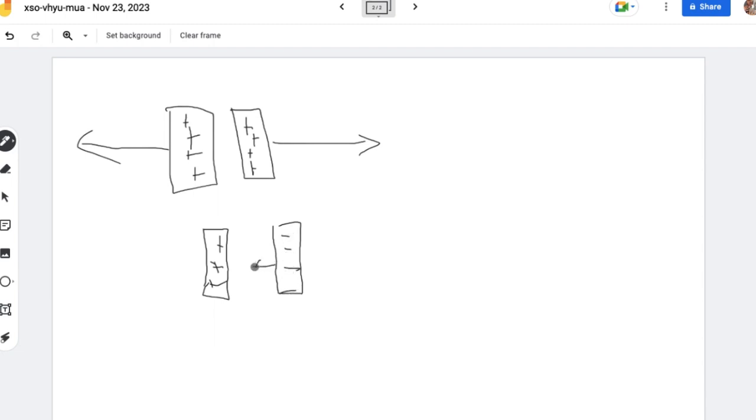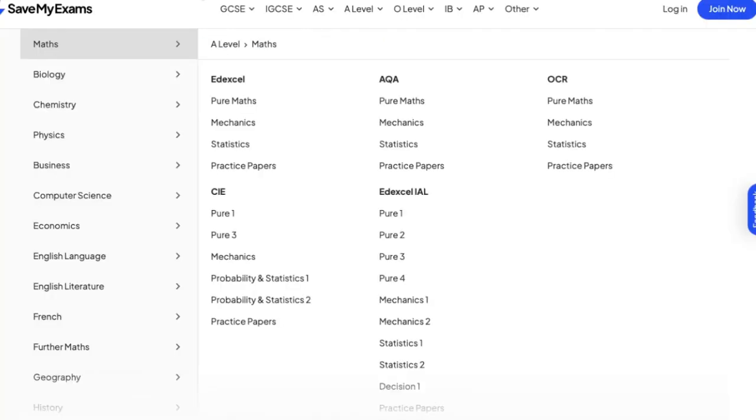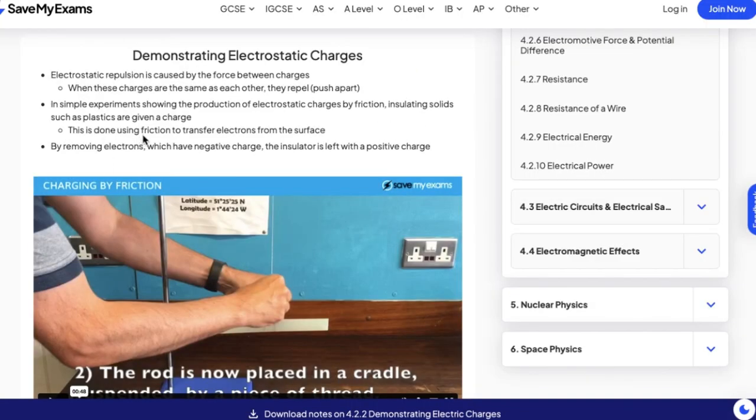The two objects will pull towards each other, so they will come close together because they have opposite charge between the two rods. Okay, so this is one thing we need to get clear. When these charges are the same as each other, they will repel, they will push apart. But if they're different, they will attract each other.